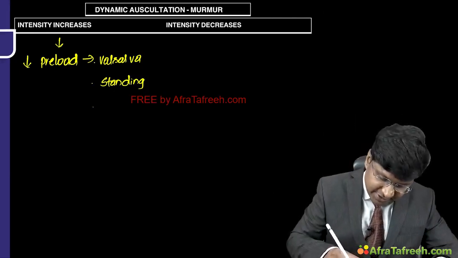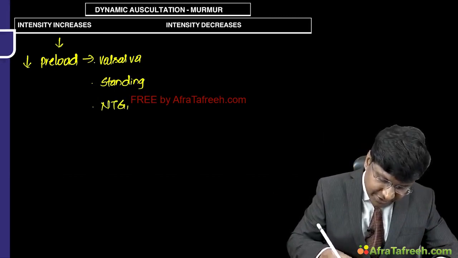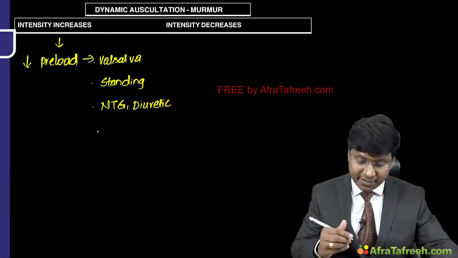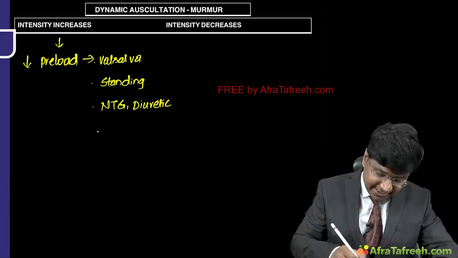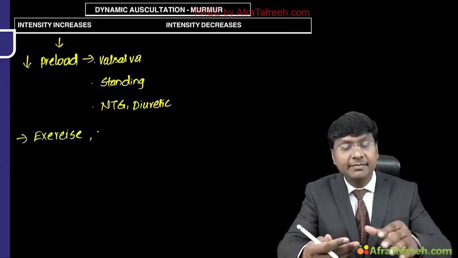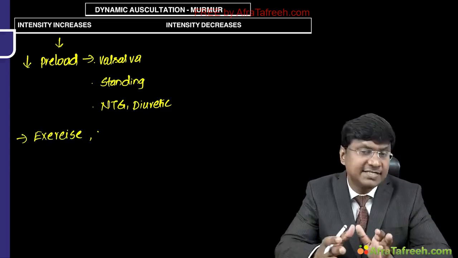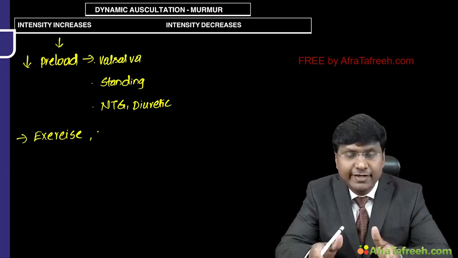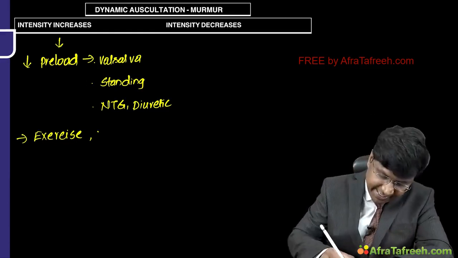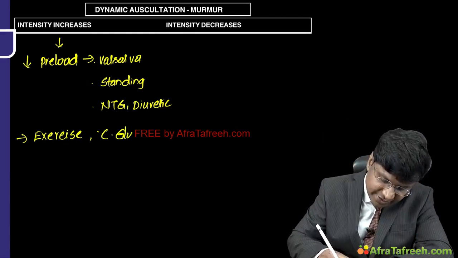And when the patient is given nitrates, that is nitroglycerin, or diuretics, they decrease the preload. Thereby, the obstruction increases and the intensity of the murmur increases. Another condition where the intensity of the murmur can increase is during exercise. During exercise, there will be massive release of catecholamines, which increase the contractility. So LV lumen size decreases, obstruction increases, and the intensity of the murmur also increases. Next is when the individual is taking cardiac glycosides.